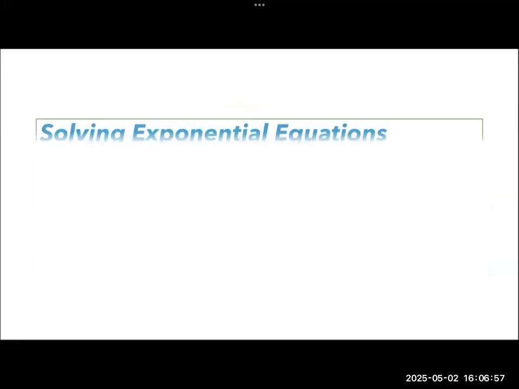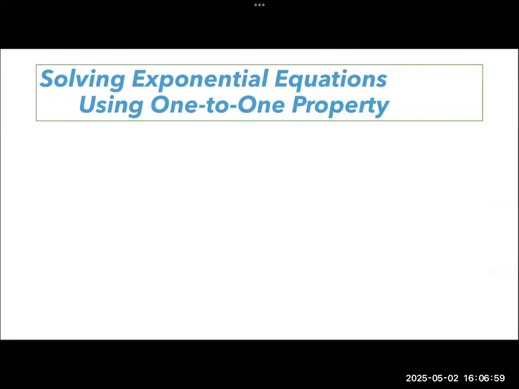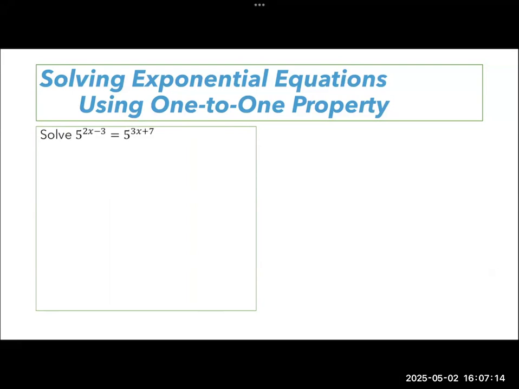Okay, so when you are solving an exponential equation, one of the first things you want to look at is what are the bases that I have in my exponential expressions, especially if you have an exponential equal to an exponential.